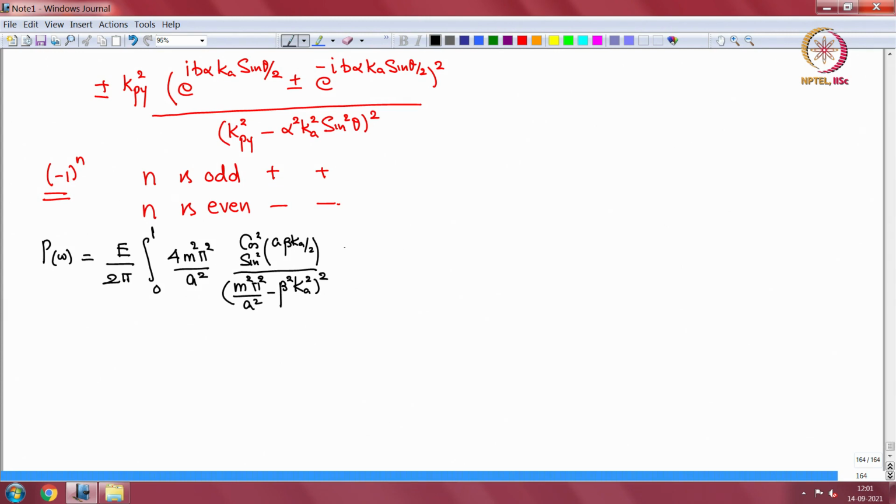Okay, then we had a pi integral left, minus pi to pi, and the b integrals were done.